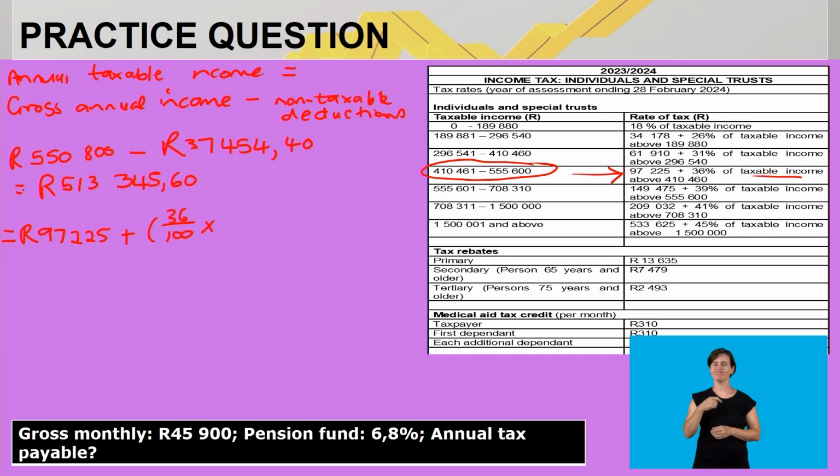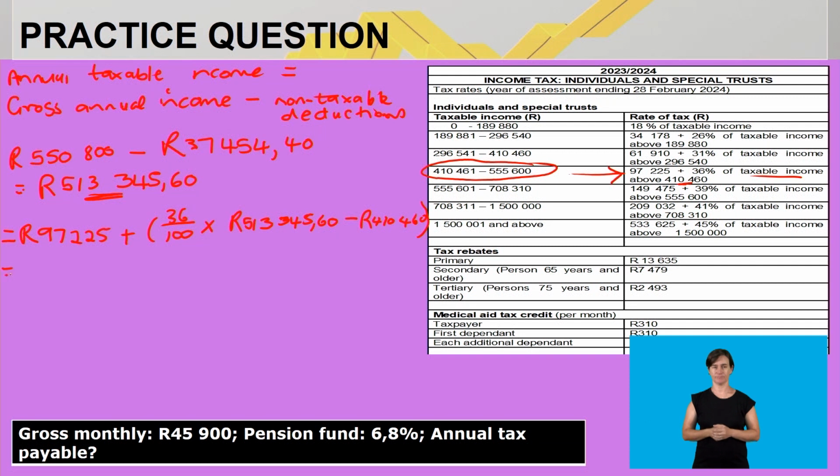What is our taxable income here? We calculated it to be 513,345 rand and 60 cents minus the ceiling amount here of 410,460 rand. This is what we need to do here.